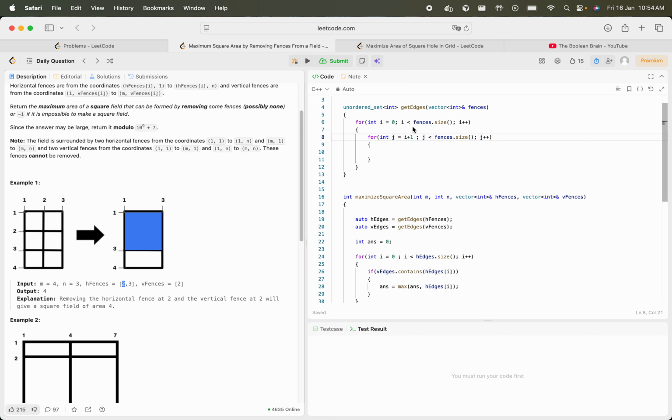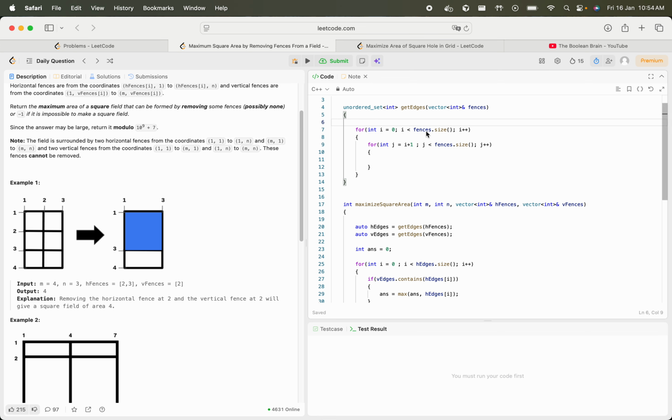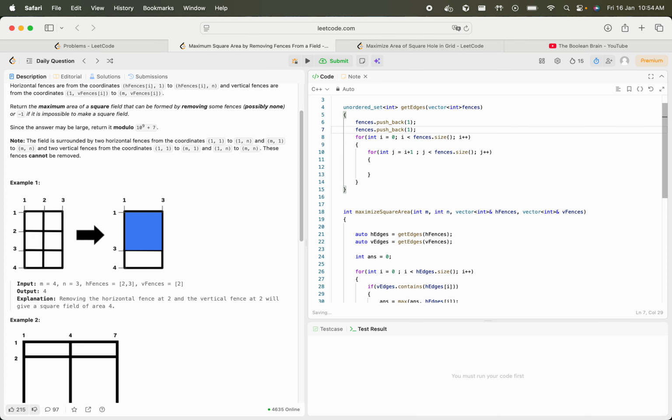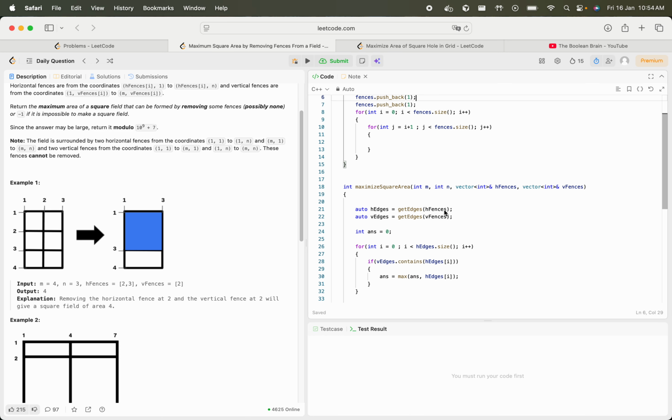So before starting iterating on the array, I will take this fences dot push back the starting point 1. Okay. And we also need to push the ending point. So let us pass m as well here.